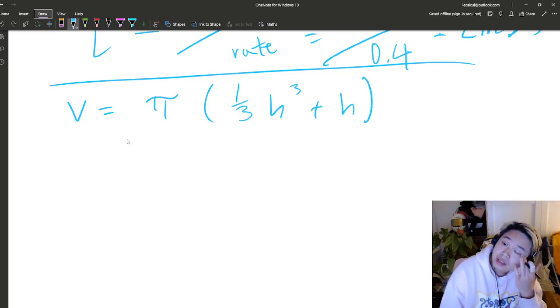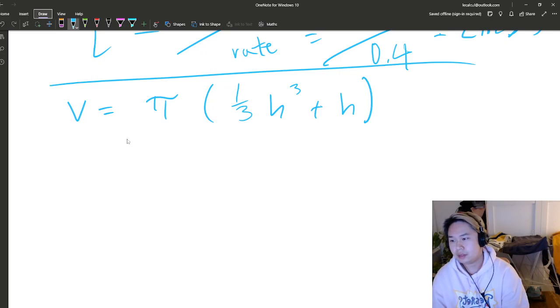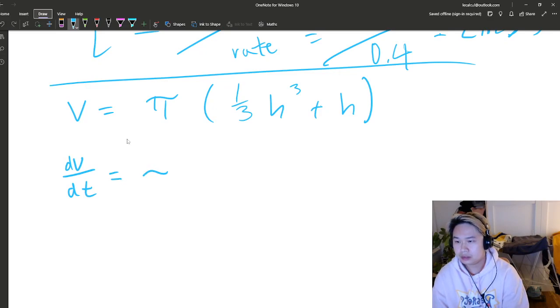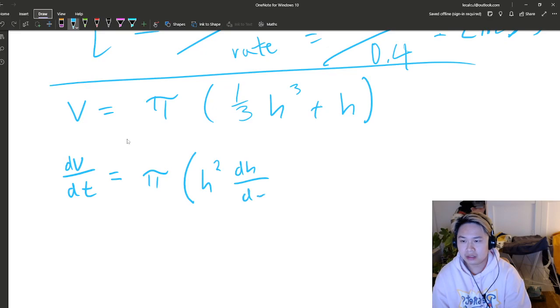Okay, and then we're going to take the derivatives with respect to t. So this is going to be h squared with a chain rule of dh/dt plus dh/dt.